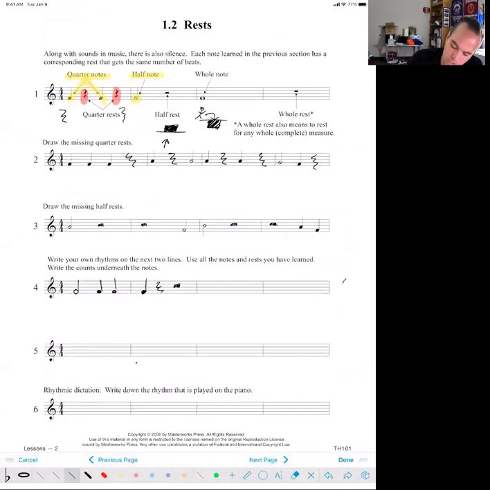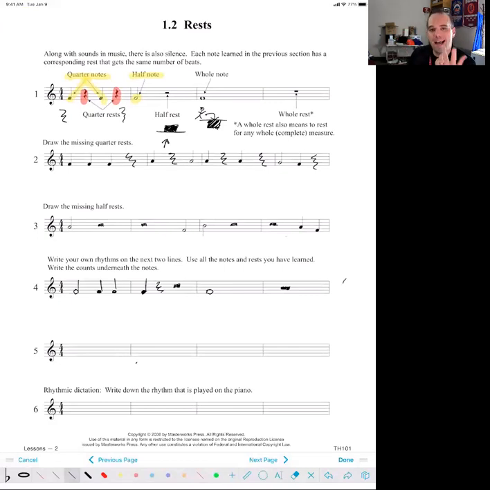So I'll take up the whole measure, and then I'll do a whole note and a whole rest. So that was easy. Easy, right? You can do them in any combination. You just have to make sure there's 4 beats total in each measure.